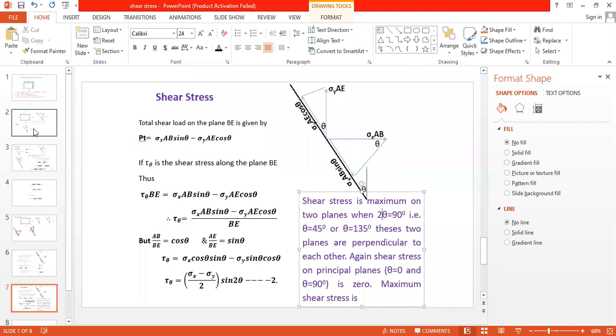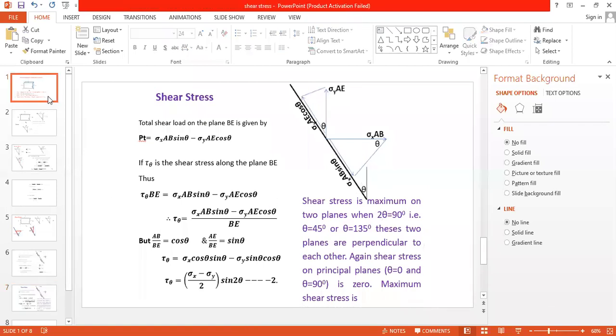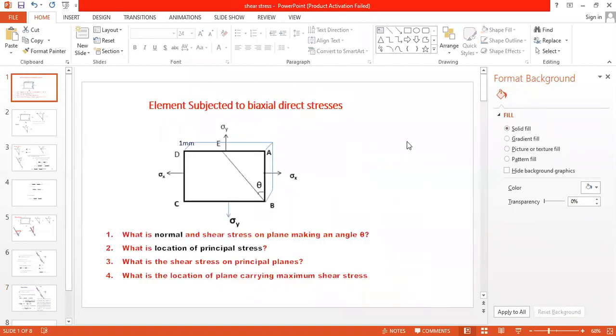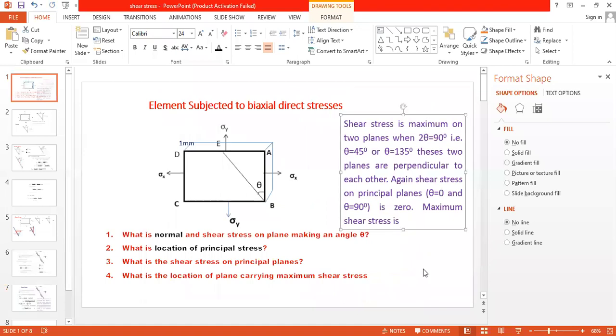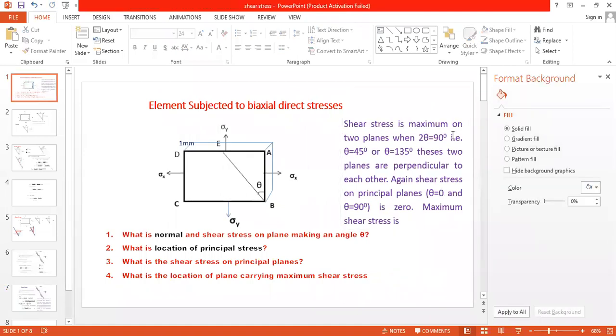Now I will go back. Here I will take this one here, and in question I will go. Shear stress is maximum on two planes when 2 theta is equal to 90 degree, and theta is equal to 45 degree. That means when this value of theta is 45 degree, then your shear stress is maximum.